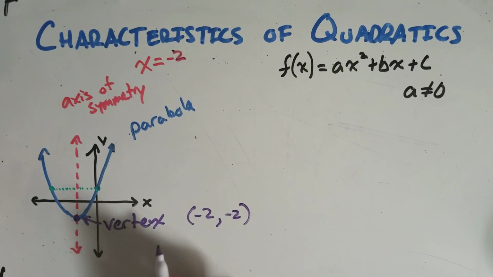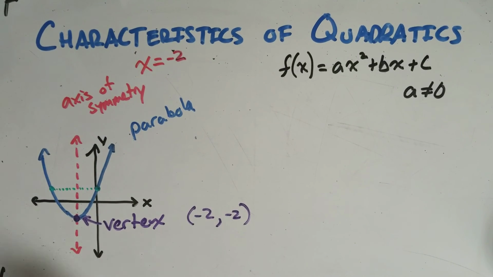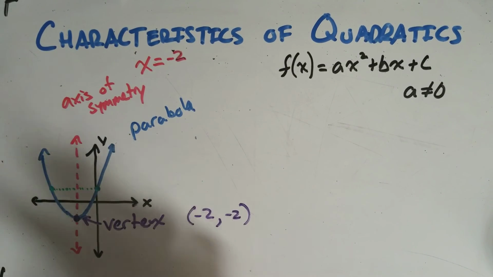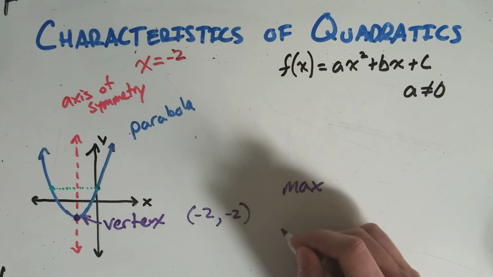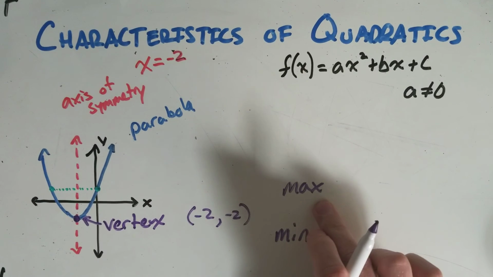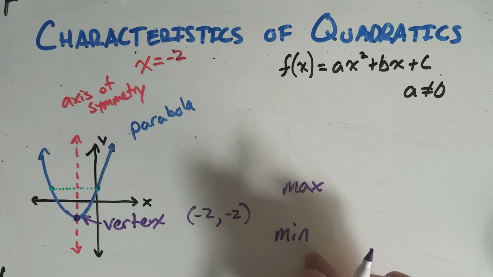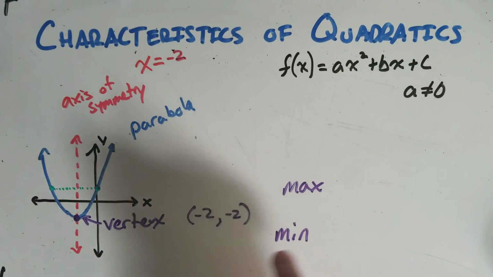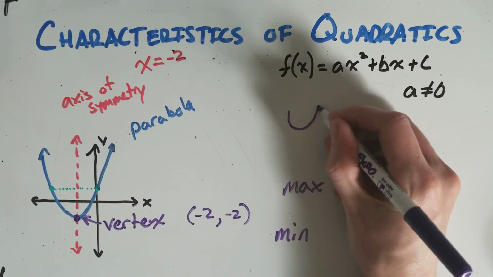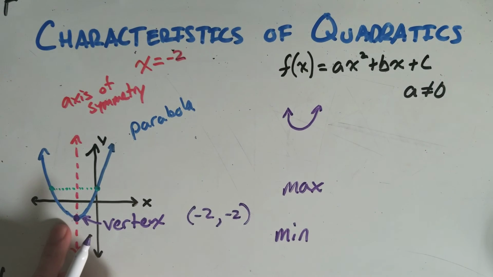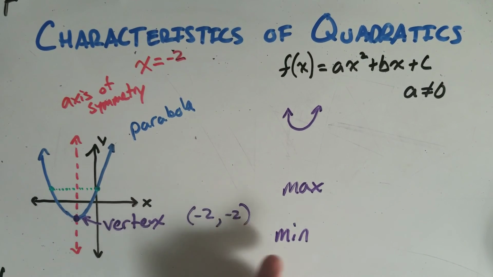Now if we're speaking about the vertex of the parabola, it can be one of two things really. It can either be a max value, or it can be a min value. So max is for maximum, min is for minimum. If you have a parabola that opens upward like this, and like we see over here, that means your vertex is going to be a min.